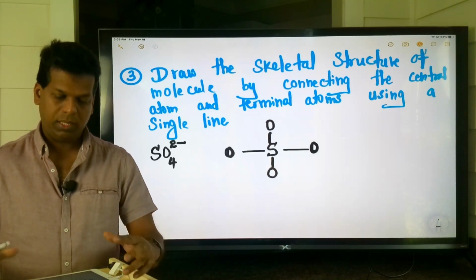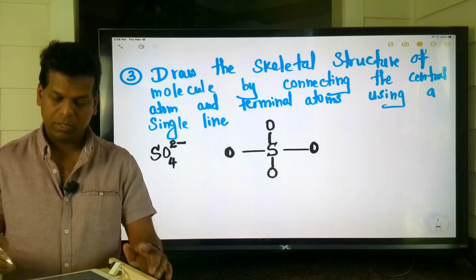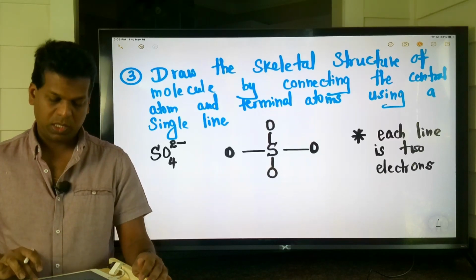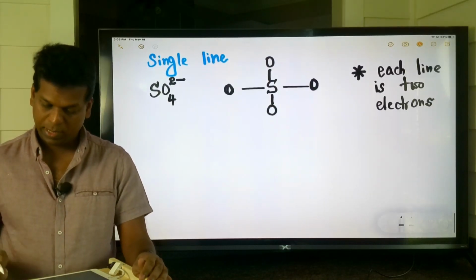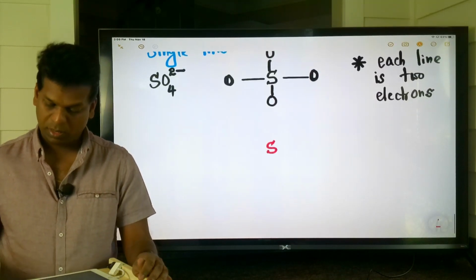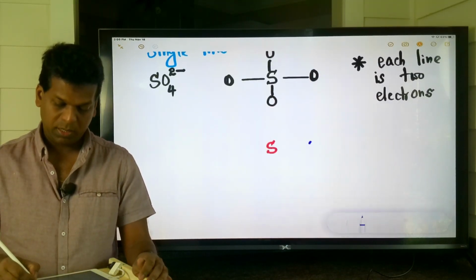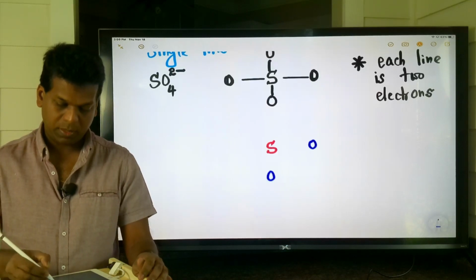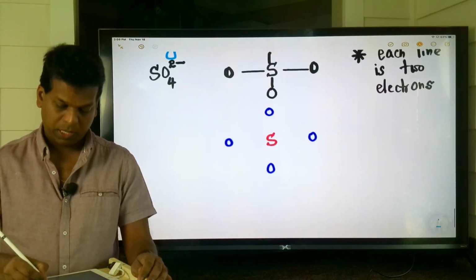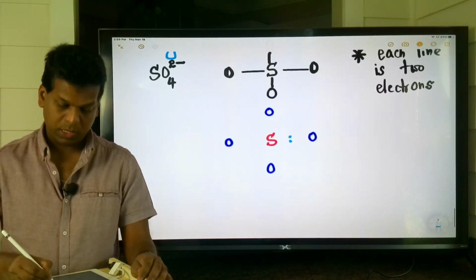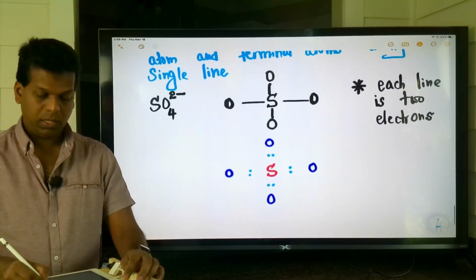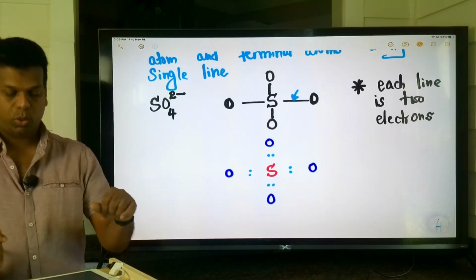Each line in this topic is 2 electrons. I can draw this in this way as well, just to make it clear. You have the central atom sulfur, and then oxygens as terminal atoms, and in the skeletal structure we have 2 electrons here, another 2 there. Why? Because each of these lines is 2 electrons.